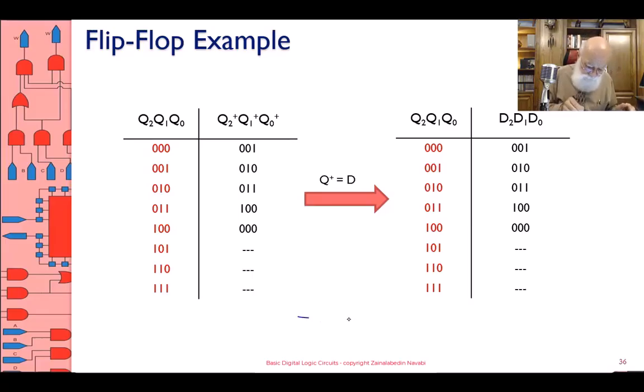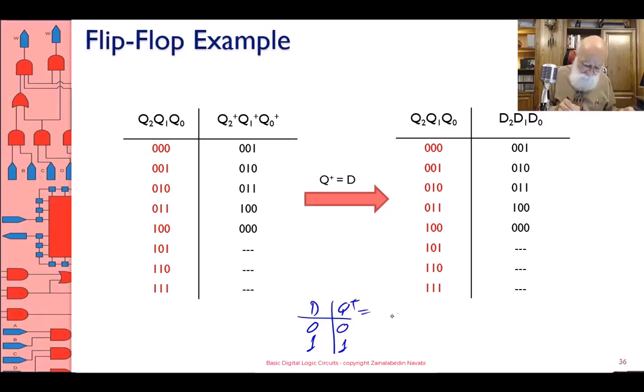Okay, remember I've shown you the transition table for the D flip-flop, right? The D flip-flop transition table is this. If your D is 0 or 1, your Q plus becomes 0 or 1.